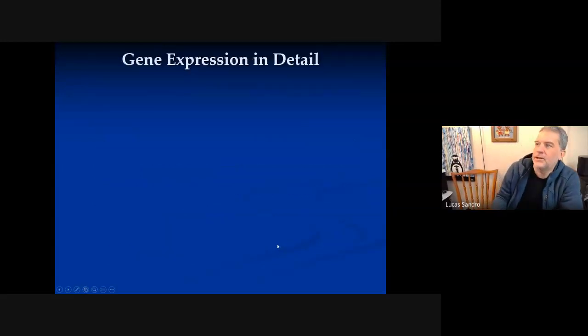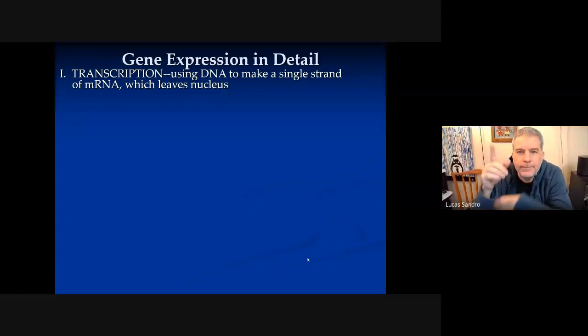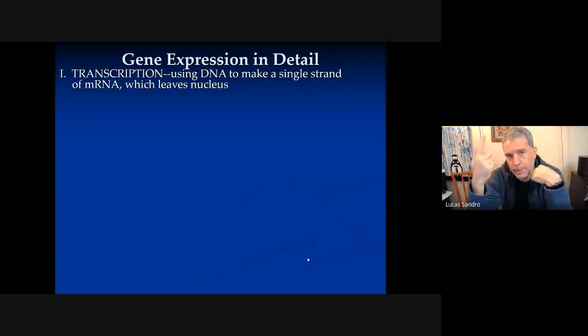Okay. Gene expression in detail, starting with transcription. You remember in replication that you needed one enzyme to unzip the two strands, and then you needed another enzyme on both strands, actually adding the new bases.